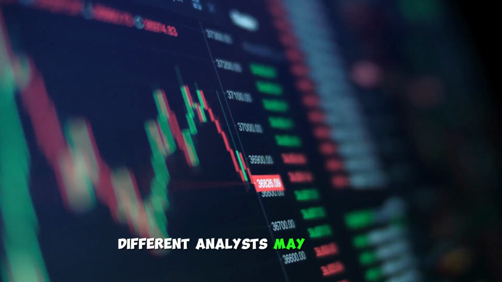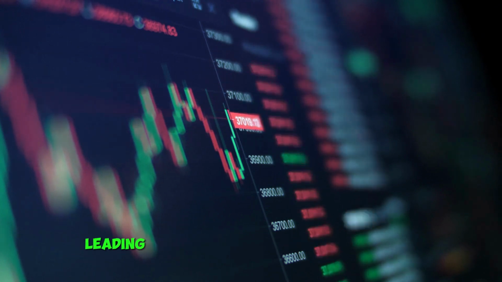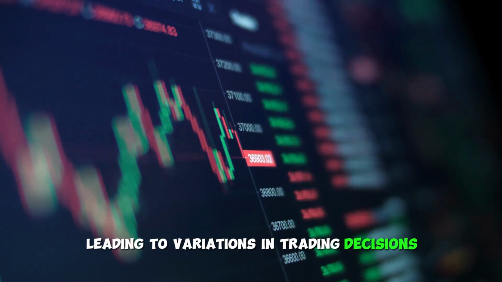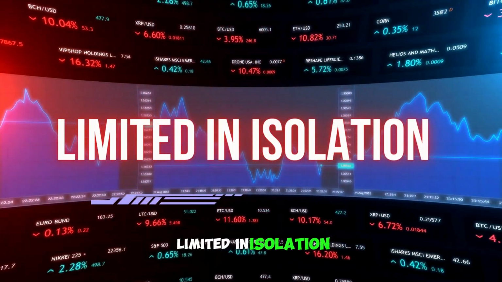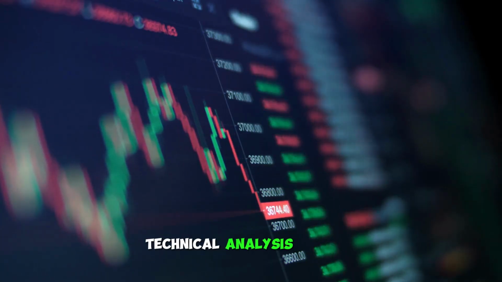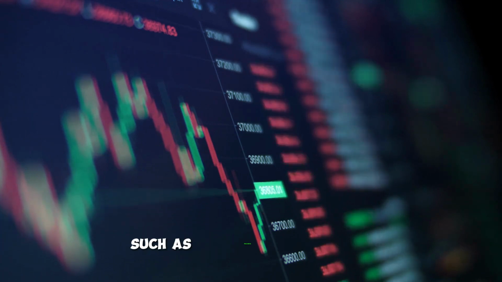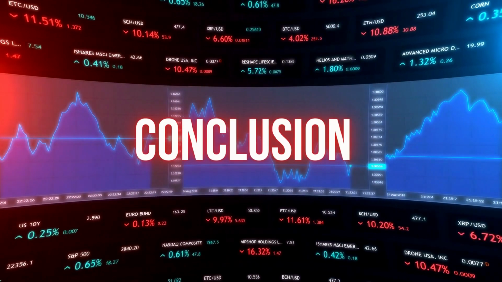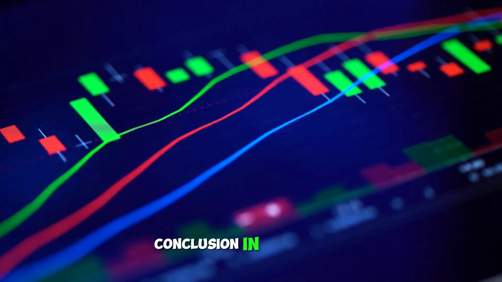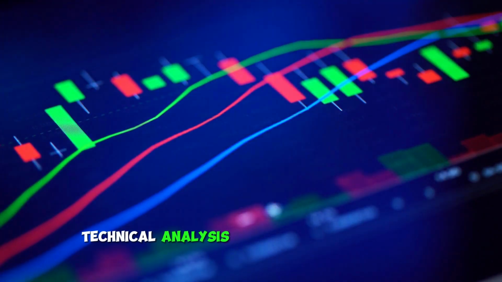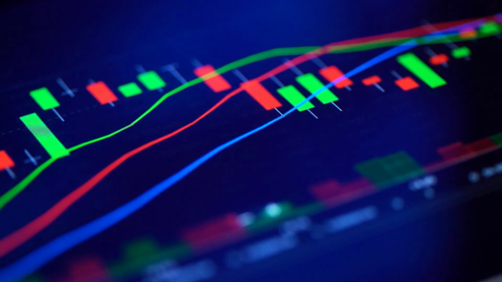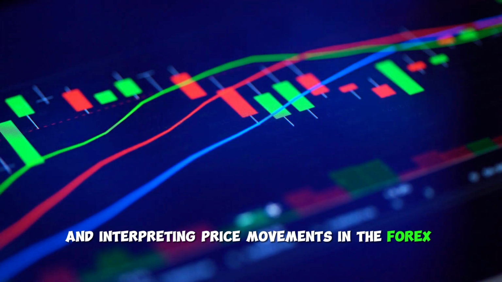Different analysts may interpret the same data differently, leading to variations in trading decisions. Limited in isolation. Technical analysis is most effective when used in conjunction with other forms of analysis, such as fundamental analysis.